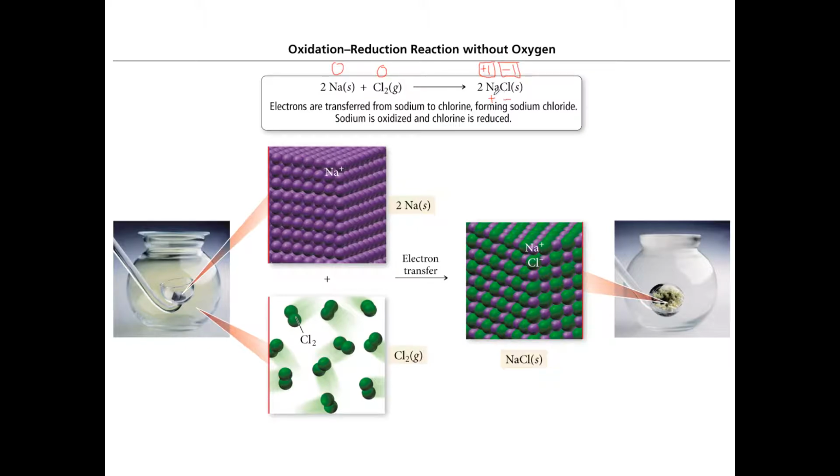So sodium chloride, and Tro says here, electrons are transferred from sodium to chloride, right? And can you see chloride's got an extra electron here? Forming sodium chloride. Sodium is oxidized because it goes from 0 to +1. We lost electrons.